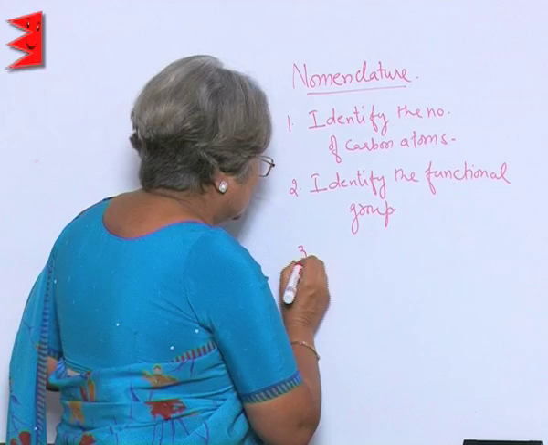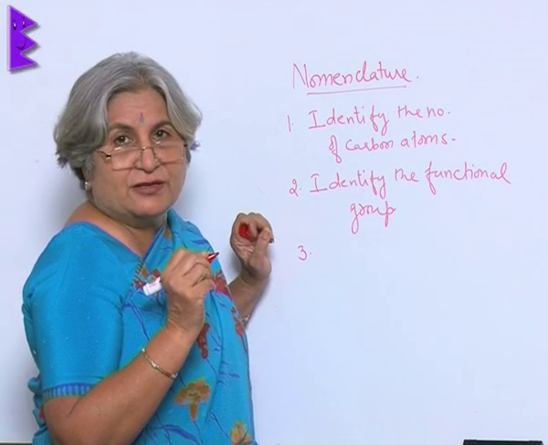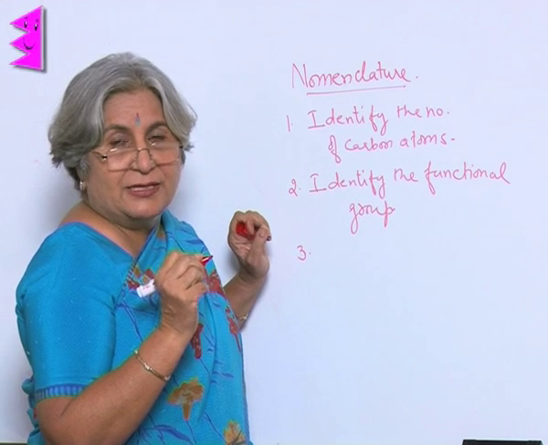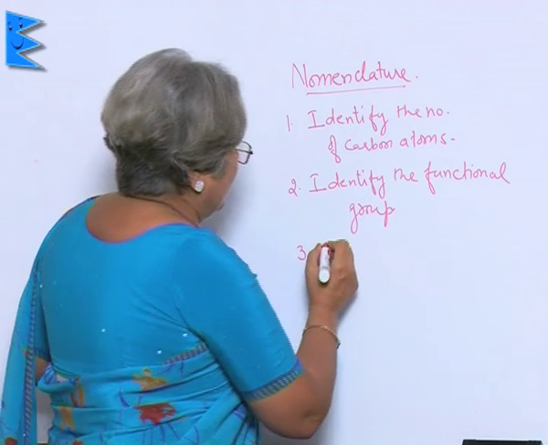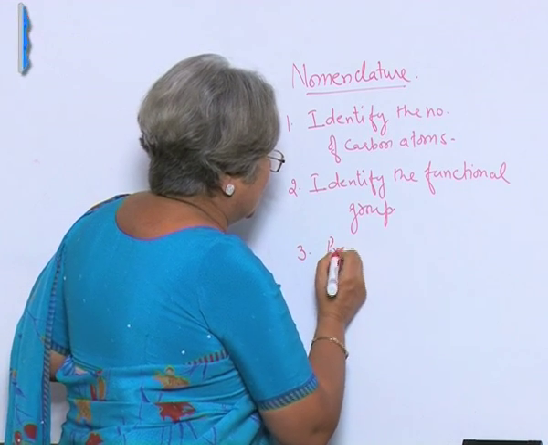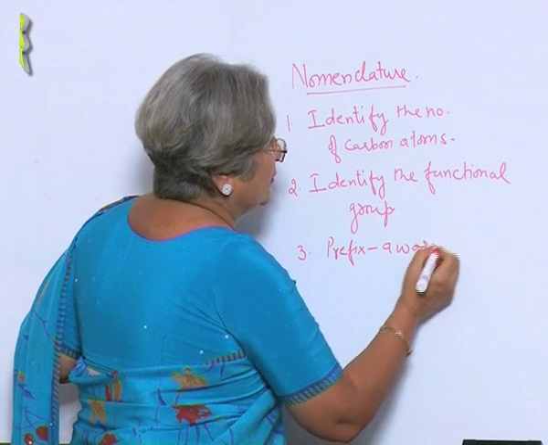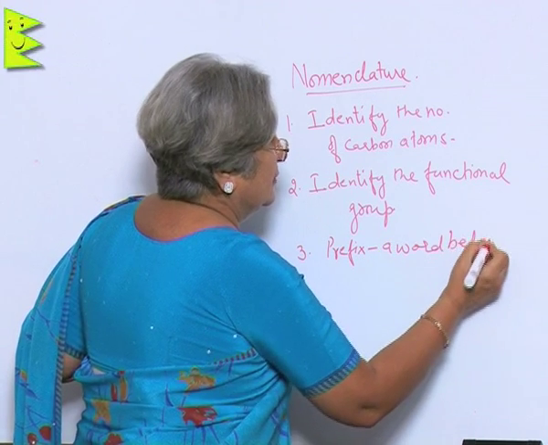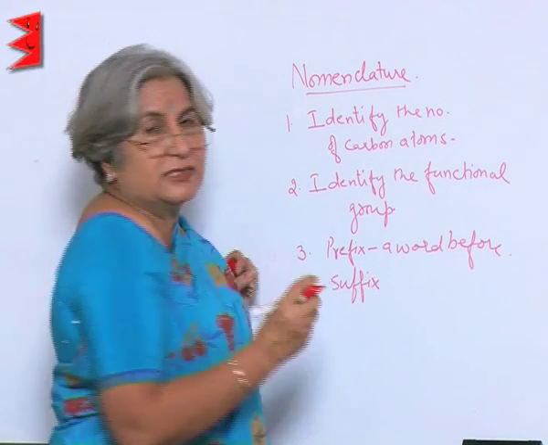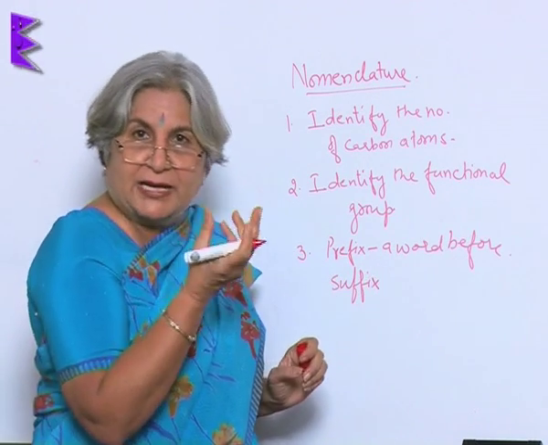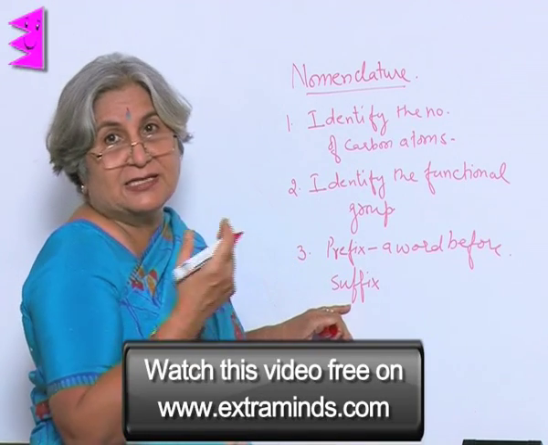The third step is that, in the case of a functional group, we have certain suffixes and prefixes. What is a prefix? A prefix is a word before. Like say Kumari Pratima. So Kumari is a prefix, and then there is a suffix like our surname.